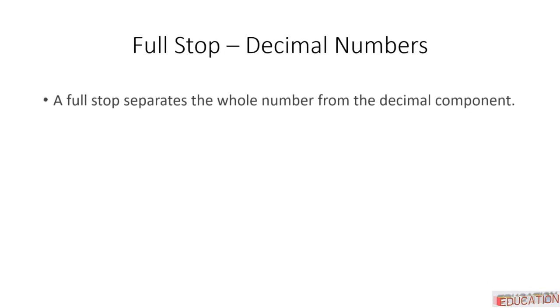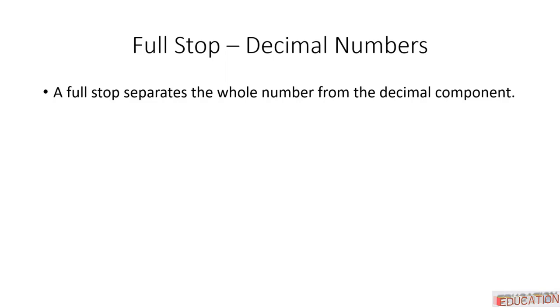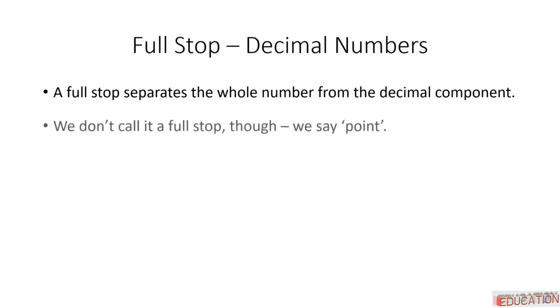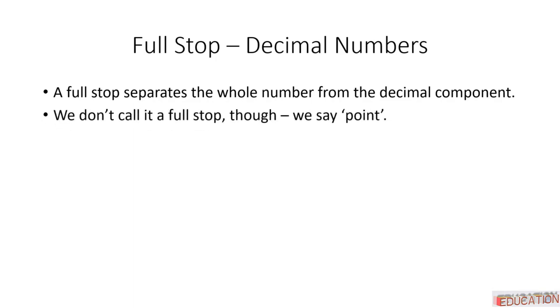And full stops are also used in decimal numbers, and the full stop separates the whole number part from the decimal number part. And in this particular case, we don't call it a full stop, we say point, and we'll see in the examples. So 1.5 plus 3.2 equals 4.7. And someone could check this if they want to.